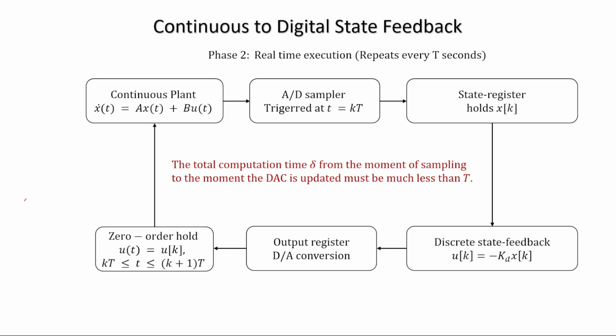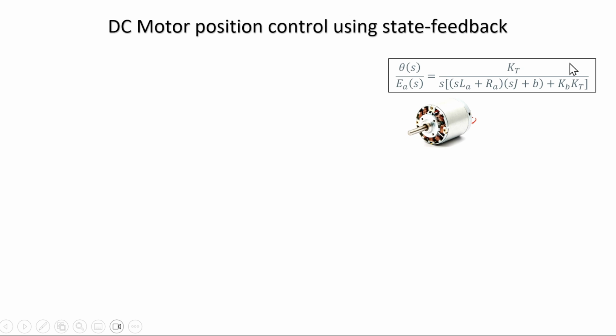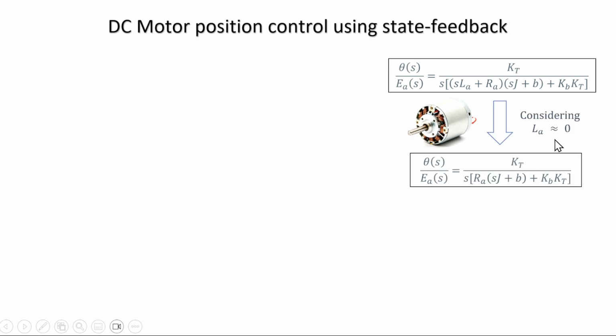You will see that we'll implement this for a DC motor position control setup. Now, in a DC motor position control setup, if you remember, our transfer function was of this form. We have done this in the beginning of this course itself. If we consider that the armature inductance is almost 0, then this becomes a second order system.